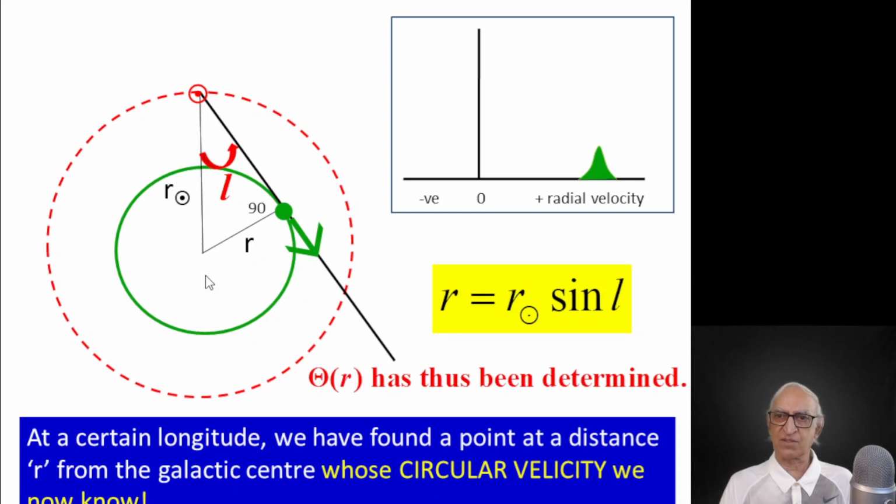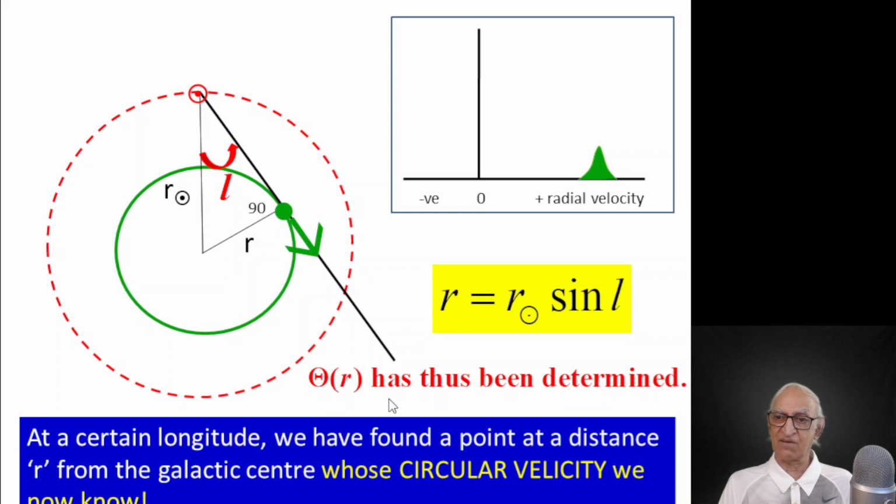But before that, let us appreciate the following. The reason for stressing this tangent point is the following. Because we have now identified this feature at the maximum positive radial velocity as coming from this green cloud on the tangent point, whose distance from the center of the galaxy is now uniquely determined by this relation r is equal to r sun sine L, we have determined the circular velocity of this green cloud, whose distance from the center of the galaxy we know.